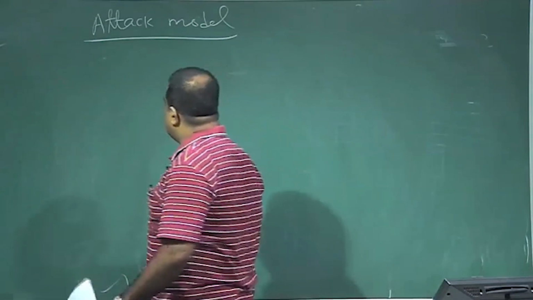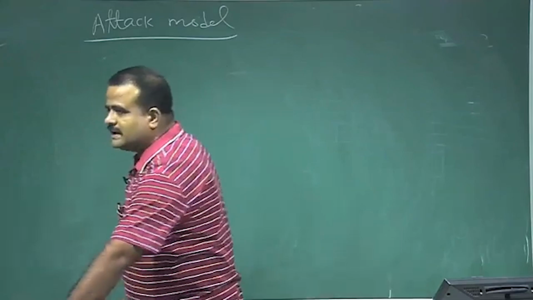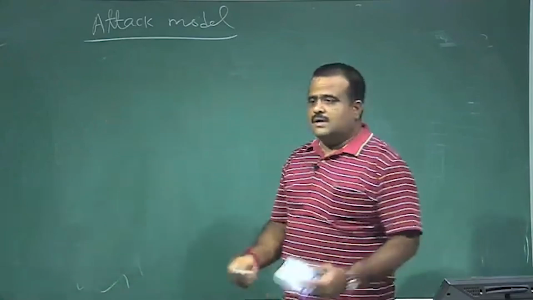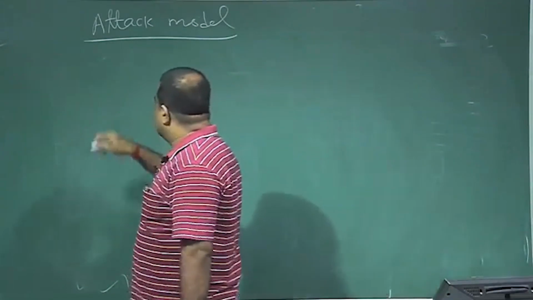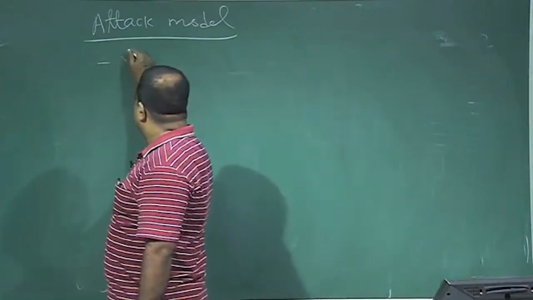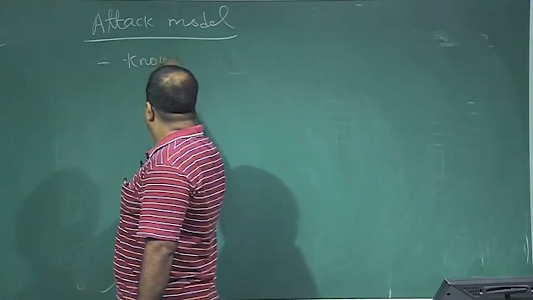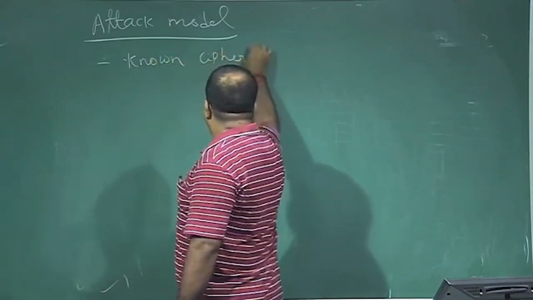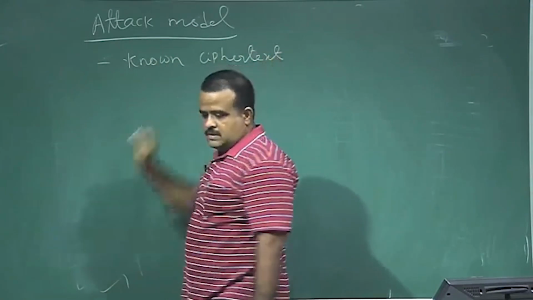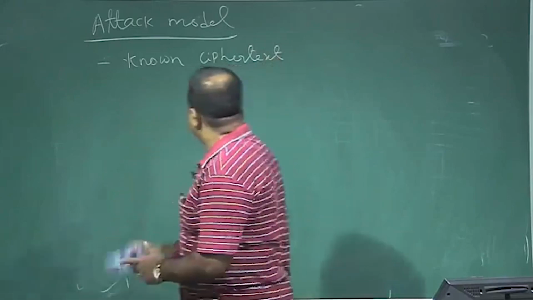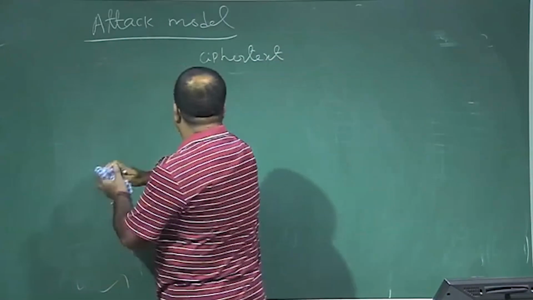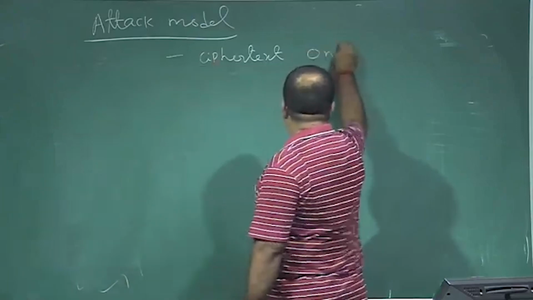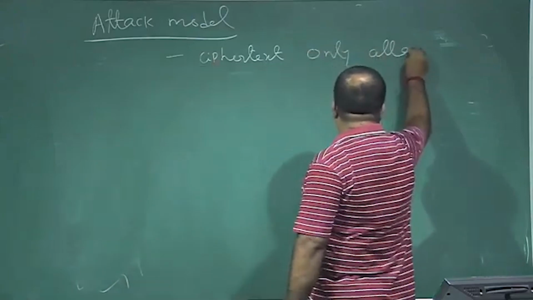So, what are the attack models we can think of for a cipher? The first one is the known ciphertext attack, or ciphertext only attack.